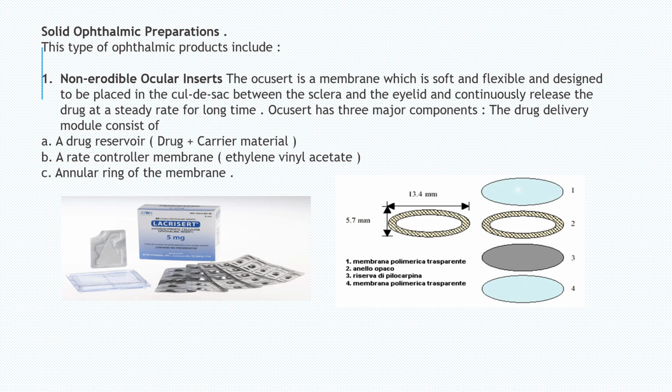It consists of three major components: the drug reservoir, which contains the drug and the carrier material; secondly, a rate controller membrane, which controls the rate of drug delivery; and an annular ring, which is the outermost covering.